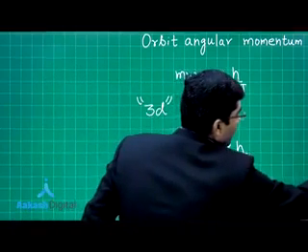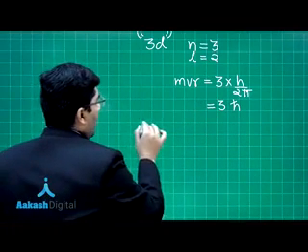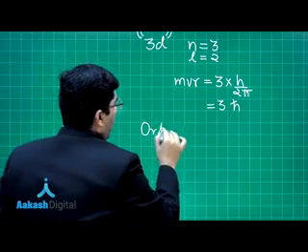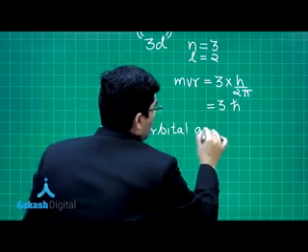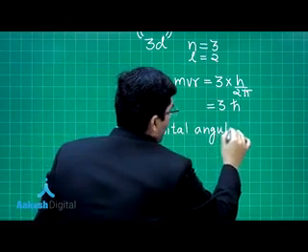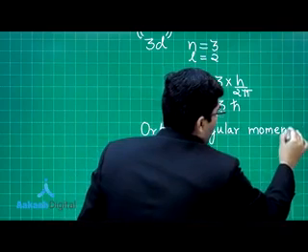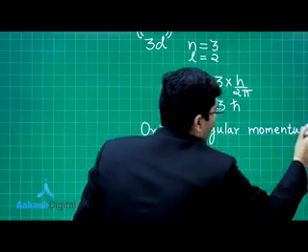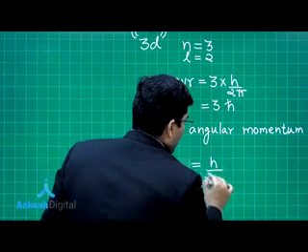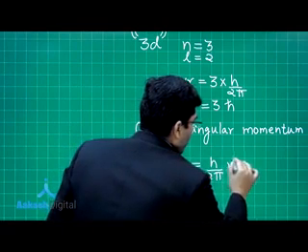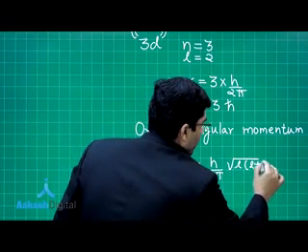So orbital angular momentum we have discussed in quantum mechanical model, and the formula of orbital angular momentum is equal to h upon 2 pi under root l, that is azimuthal quantum number, l plus 1.